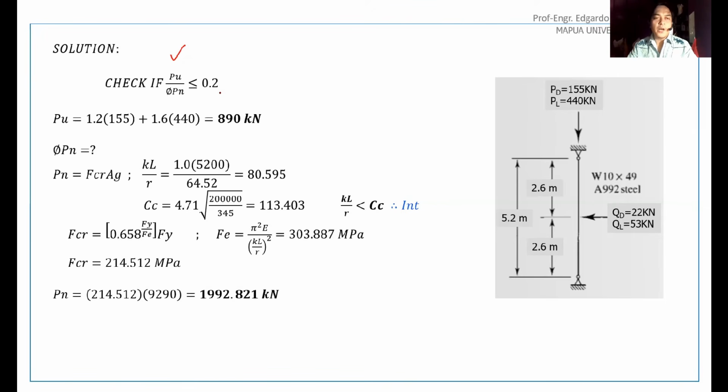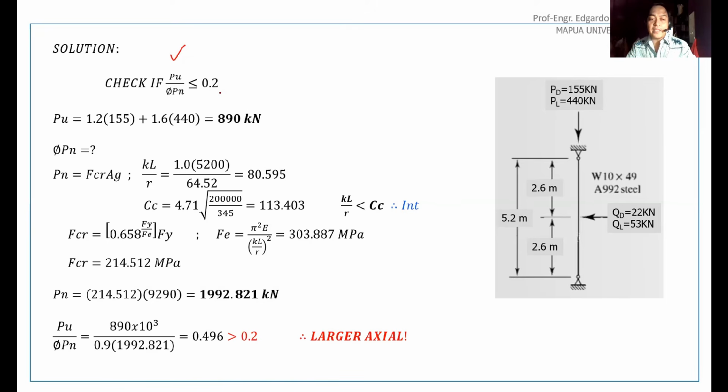Checking the ratio of Pu over φPn, where φ is 0.9 for compression, we arrive at this ratio of 0.496, which is of course greater than 0.2. Therefore, the member is considered under larger axial compression.